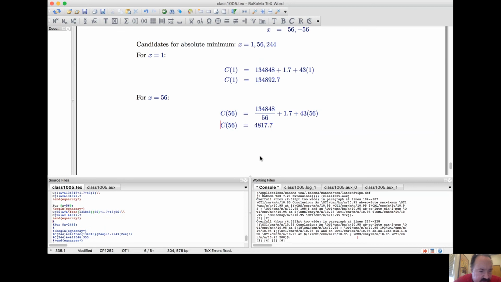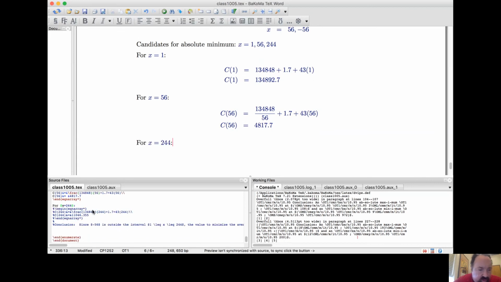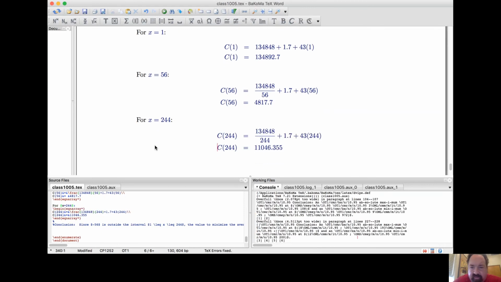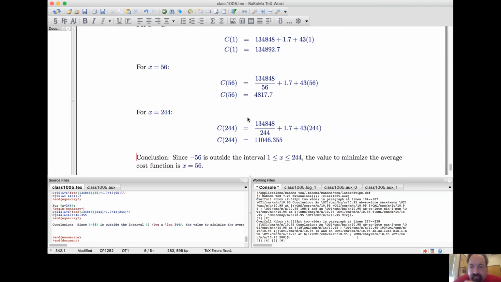And finally, we substitute in the right endpoint, x equal 244. And we get a higher cost in that case. So the lowest cost happened right here. So this minus 56 was already excluded. So x equals plus 56. That is where the absolute minimum occurs.